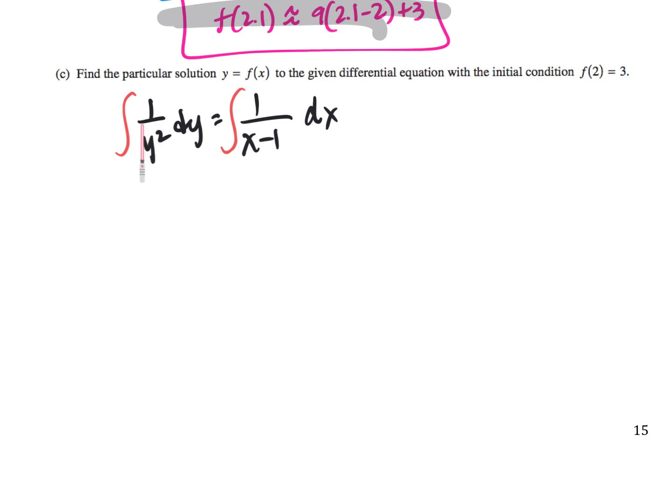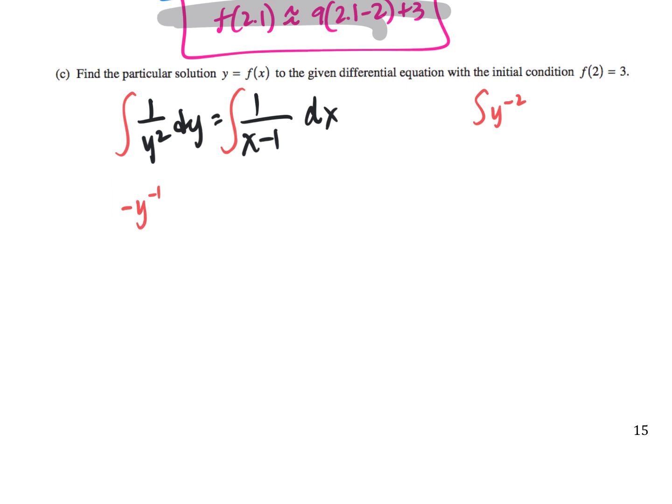We might struggle with the antiderivative of this side if we don't think of it as 1 over y squared, which is the same as y to the -2. Get rid of that exponent. What would that exponent become? y to the -1 over -1. Could I just say negative y to the negative first instead of saying over -1?